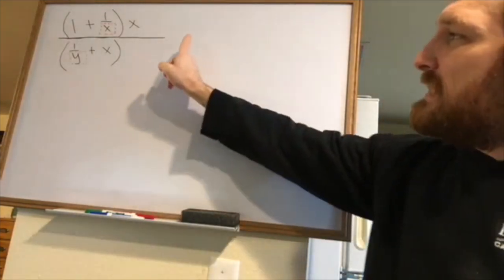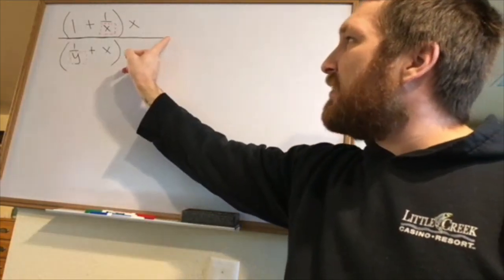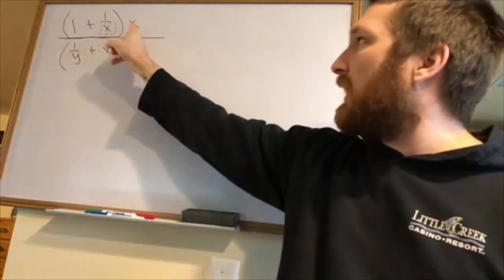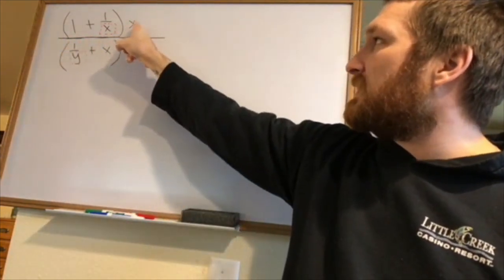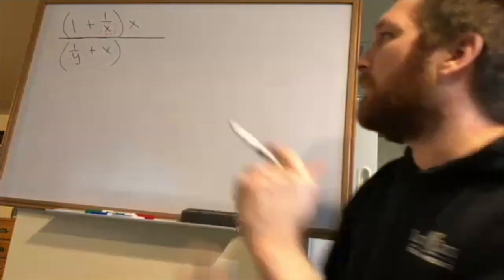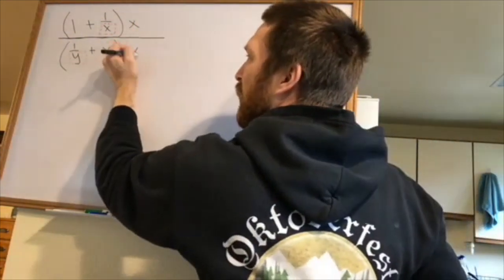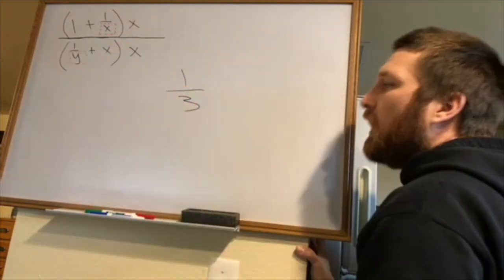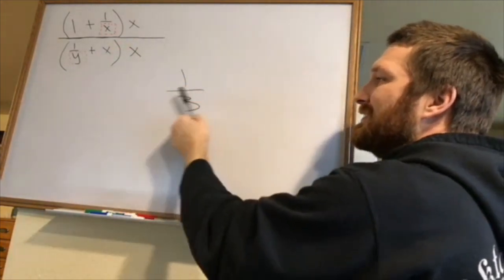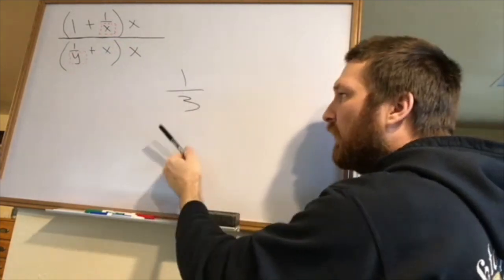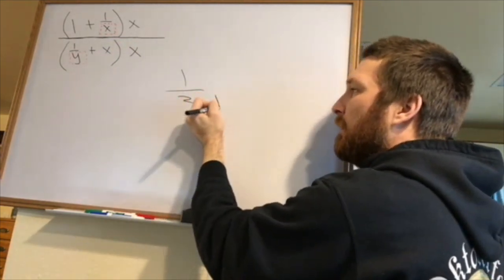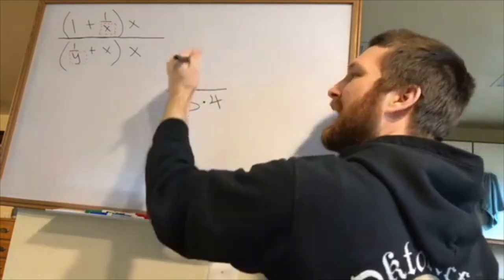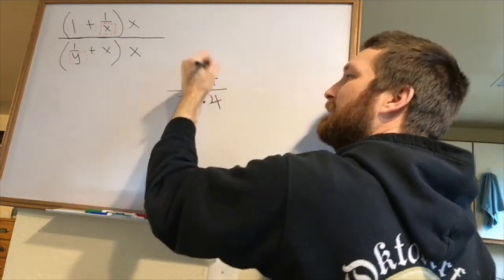But now I'm taking advantage of the fact that we have this right here. As long as whenever I write an X on the top, I write an X on the bottom, I haven't changed anything. It's the same principle as when I had 1/3 and I said, well, it would be nice if this denominator were a 12. If I multiply the bottom by 4, it'll give me a 12. But I have to do the same to the top, multiply it by the same number.